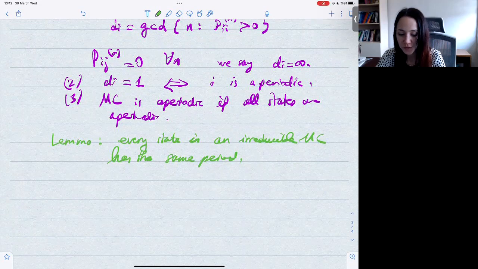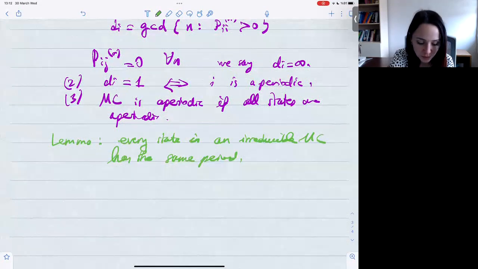Suppose j had a different greatest common divisor. You would reach a contradiction, but of course, this is not a full proof. You can, as an exercise, read the proof in the textbook.